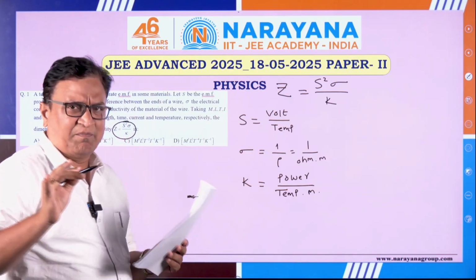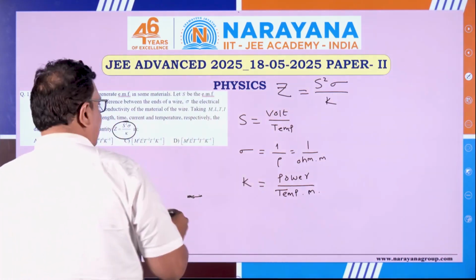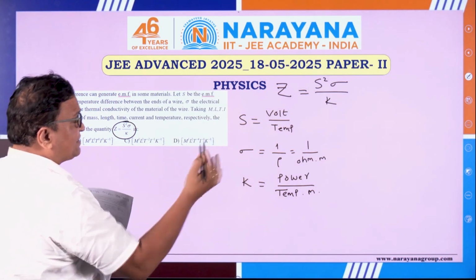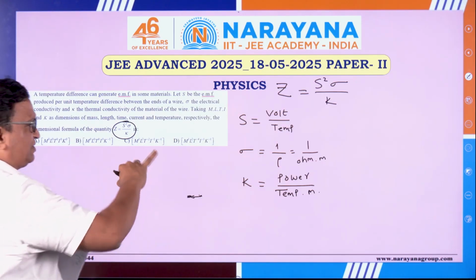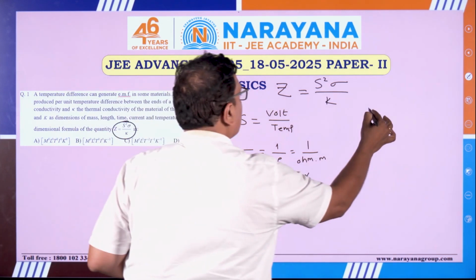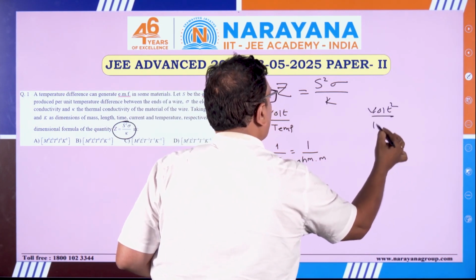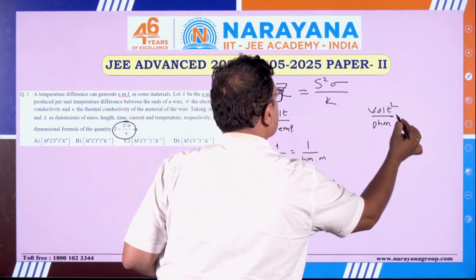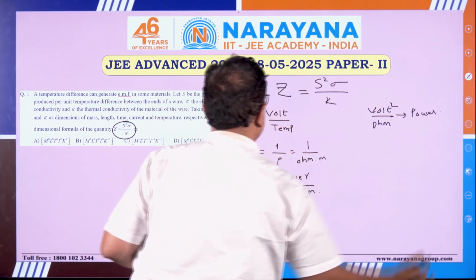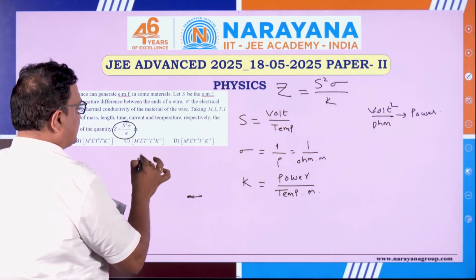I'm doing it in a basic style. Now, please let me know what is S square sigma by K. We'll just analyze. Remember, wherever I have volt square by ohm, this can also be taken as power. Don't forget that. Now, let me work on S square sigma.